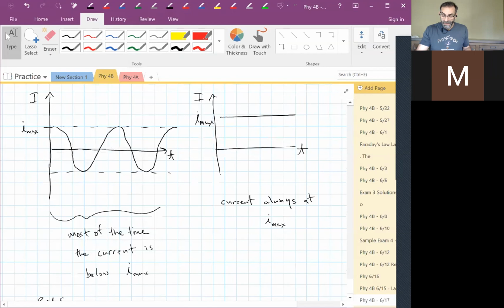The average of a sine wave is 0, right? Half the time the signal is positive, half the time it's negative. The average is 0. So that doesn't really help us.